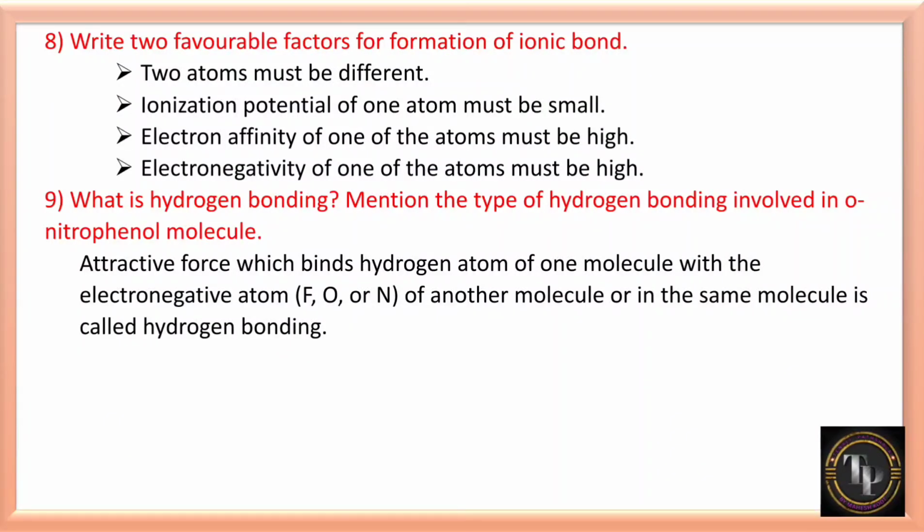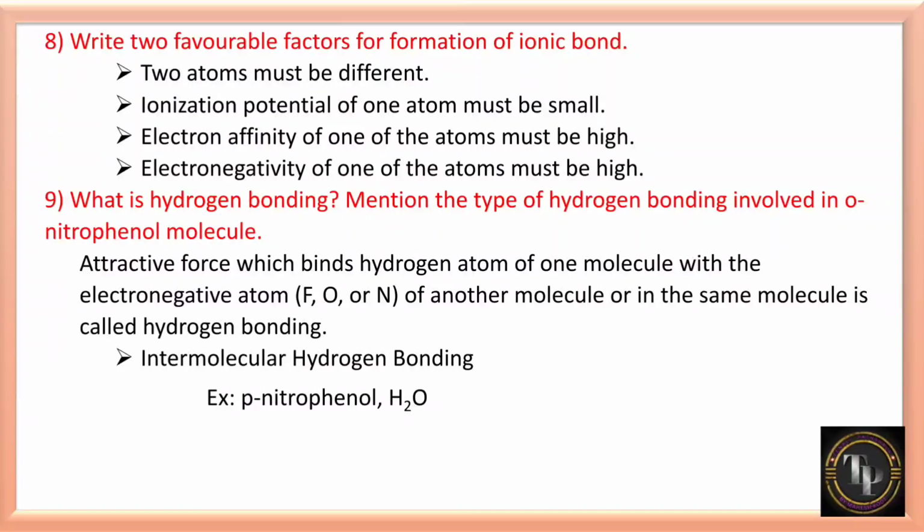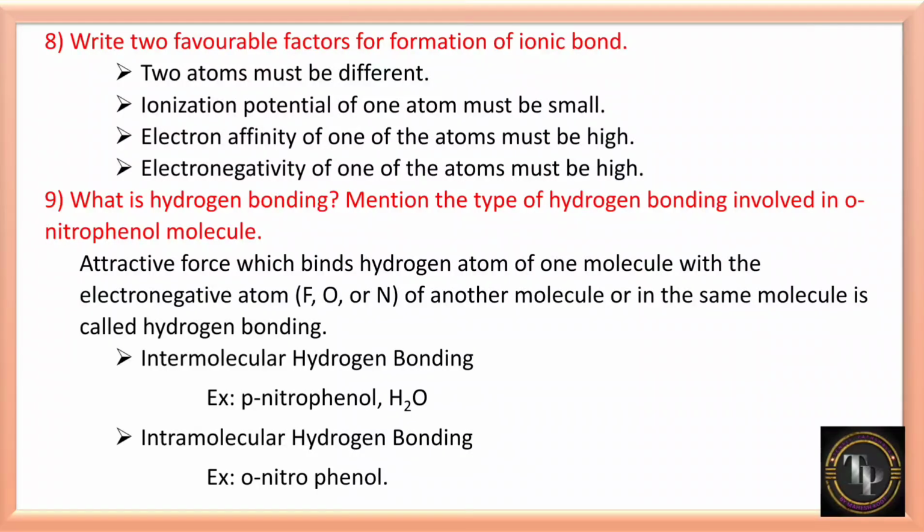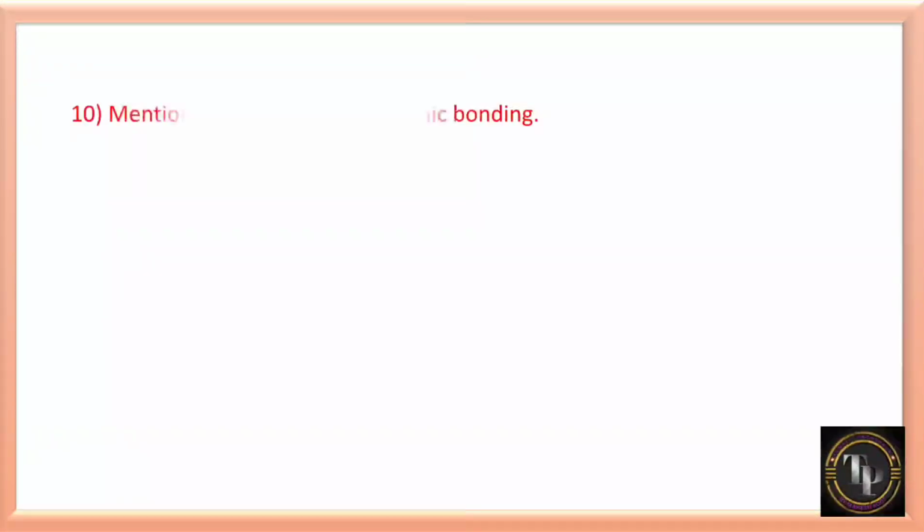Types are intramolecular hydrogen bonding and intermolecular hydrogen bonding. In orthonitrophenol the distance is very small, therefore within a molecule, meaning intramolecular hydrogen bonding is present in orthonitrophenol. In paranitrophenol and water, intermolecular hydrogen bonding is found.